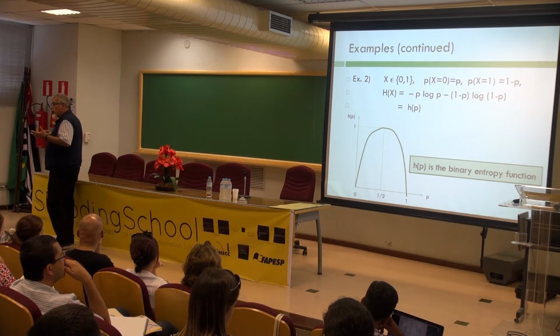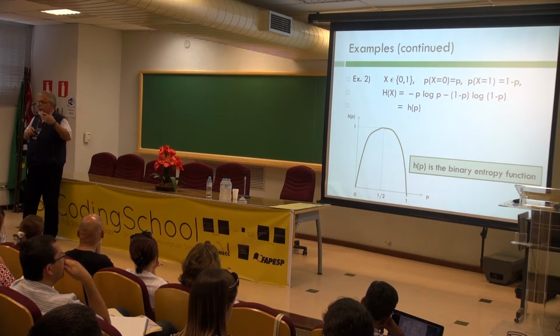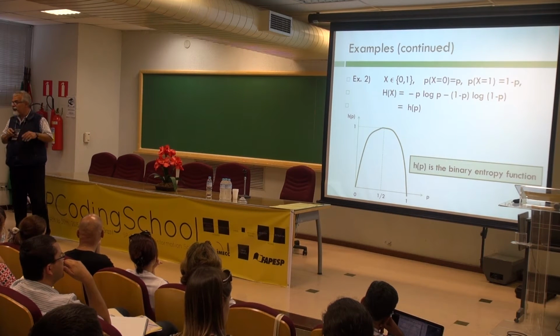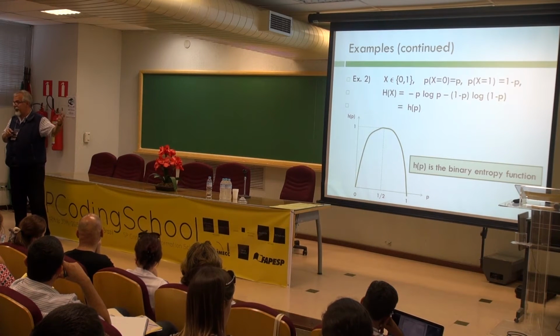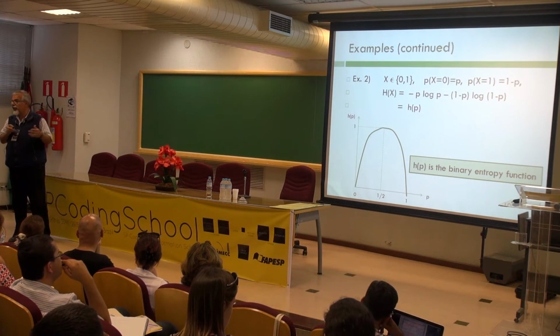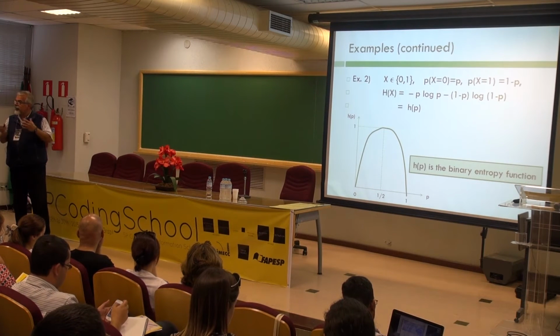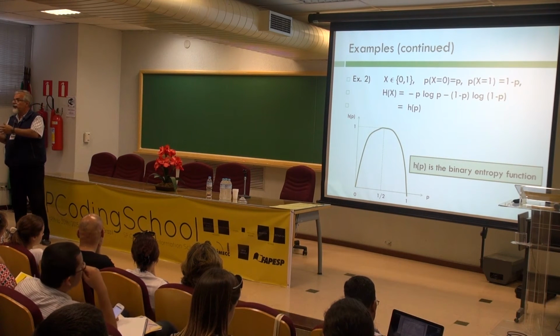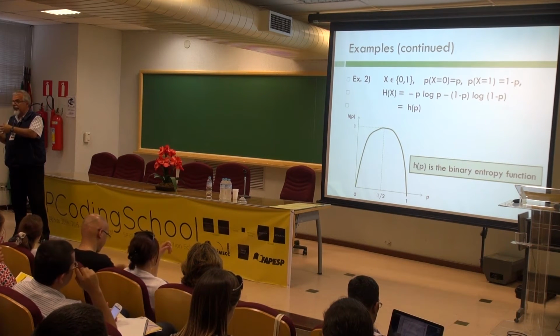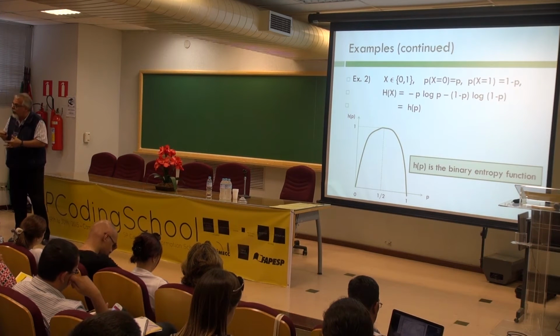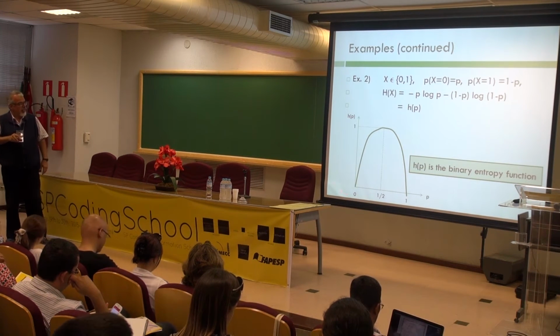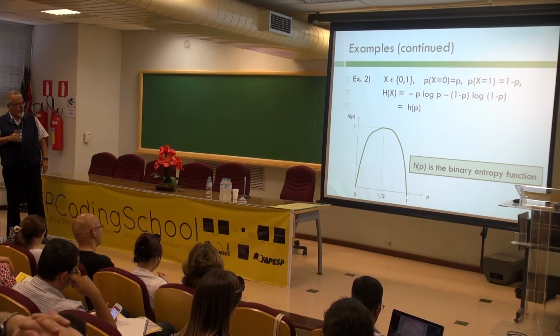There will be a very large amount of information if I tell you that the sun will not rise, but very little information if I tell you that the sun will rise. But on average, if p is like the probability of the sun not rising, let's suppose that's 1 in a trillion, p is very small, and the entropy will be very small too, because it's a very skewed type of average. You have a very large number, but the amount of information when you realize that the sun will rise is so small that it brings that down to 0, and you have a very small average information over here.